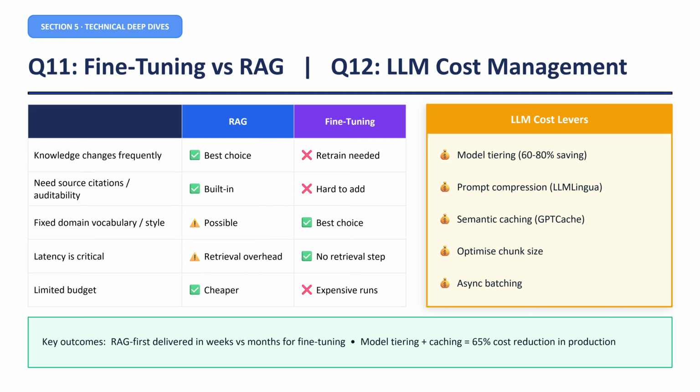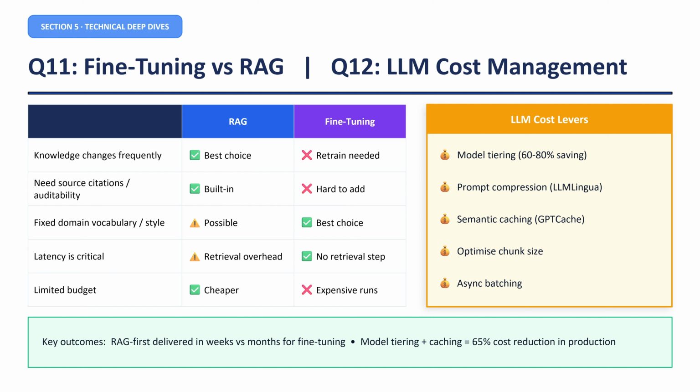Look at the table on the left of this slide. RAG retrieves external knowledge at query time. The base model stays unchanged. Fine-tuning permanently adapts the model weights using domain-specific data.